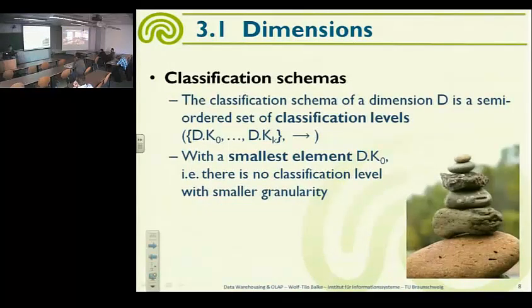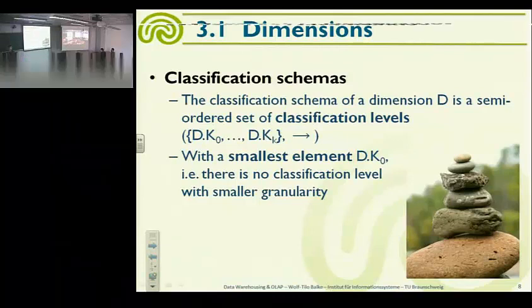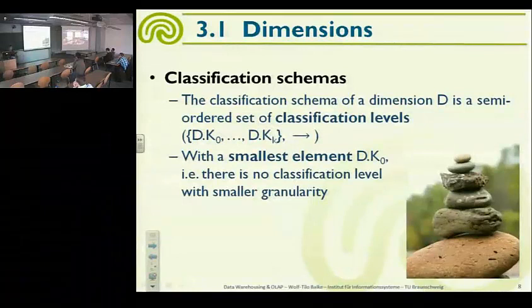Once you identify the granularities that you have for the dimensions, so you've stated, okay, according to my business processes, I need as the finest granularity the day, the month, year, and so on. Of course, the day might be a very coarse granularity. You might need to go down to minutes, or hour might be even bigger.